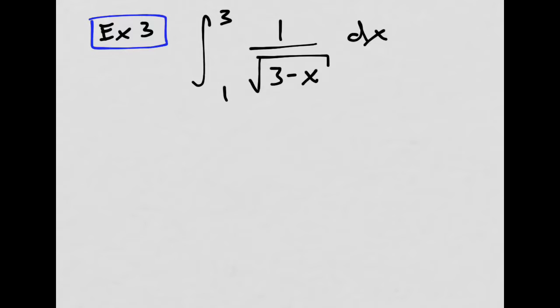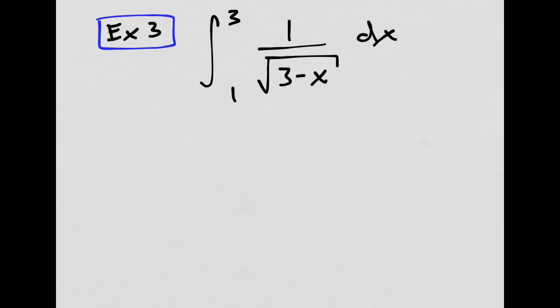Sometimes the integral can be undefined. Suppose I had this. This will illustrate my point. If I didn't have the square root anymore, I just had this, and I went from 1 to 4. It's continuous at 4, correct? It's continuous at 1, correct?